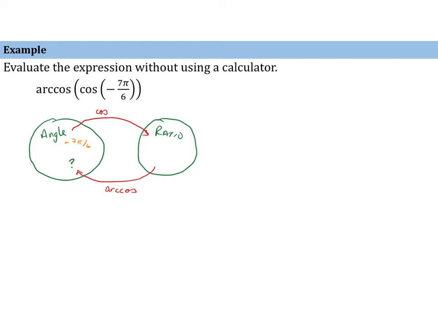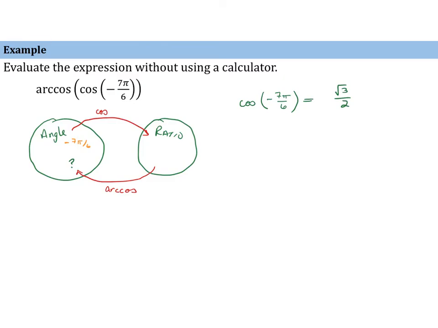So let's look at the input of the arc cosine function. We have the cosine of negative 7 pi over 6. What is that output? Well, if I ignore everything except the reference angle, it will be pi over 6. So what is the cosine of pi over 6? It's root 3 over 2. Now, where does negative 7 pi over 6 reside?